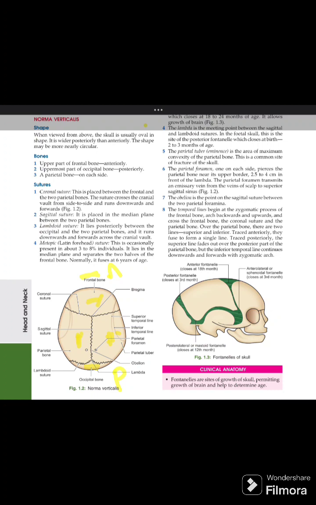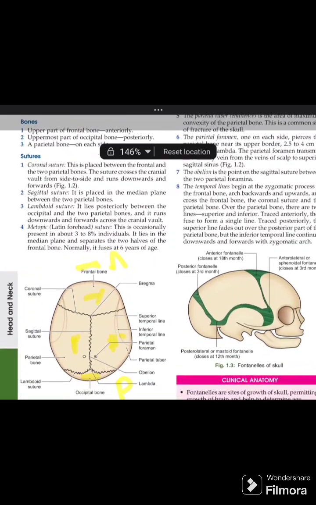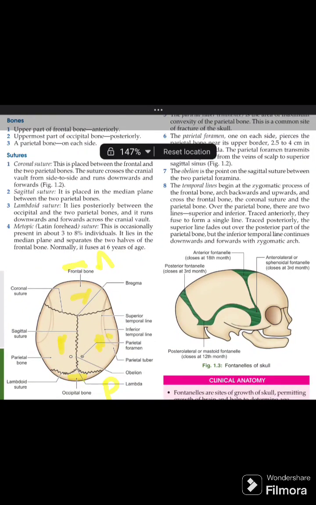Okay, so then we'll discuss the sutures. Let's zoom in a little bit, then we can see the sutures very well. There are three sutures that we are studying in the Norma verticalis. One you can see at the anterior part. This is your anterior suture. This is the posterior suture, and in between is your midline suture.